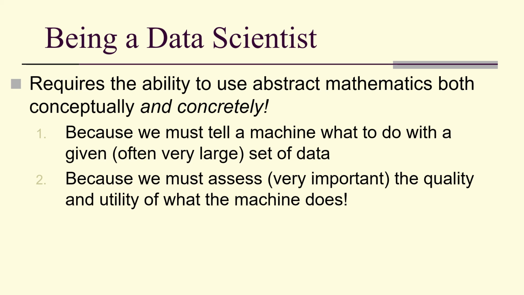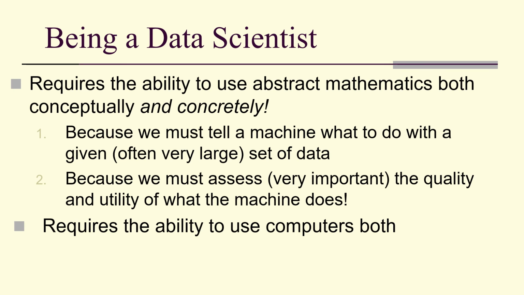We're going to have to assess the quality and utility of what the machine does. So these are going to be abstractly driven methods for assessing what a machine learning algorithm does.